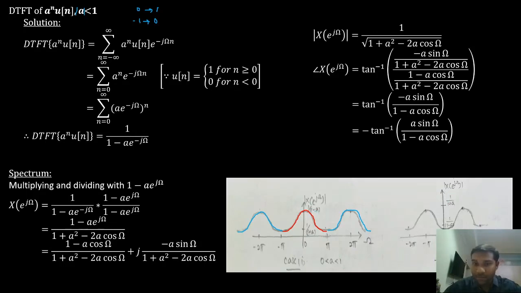When a is negative, minus a becomes positive, right? So here at this point I have 1 by 1 plus a, and then 1 by 1 minus a, right? Minus a becomes positive, right? So 1 by 1 plus a is a greater value than 1 by 1 minus a here. So that is why the amplitudes get interchanged here. Okay, so that is how I will draw my magnitude spectrum.